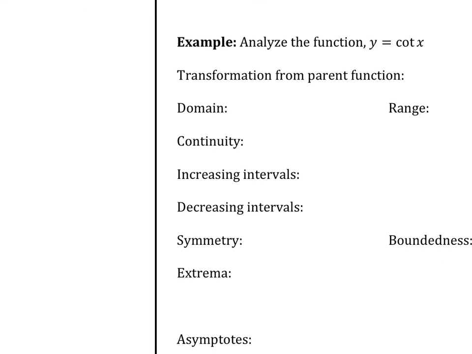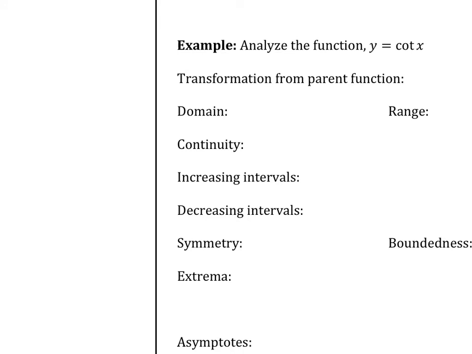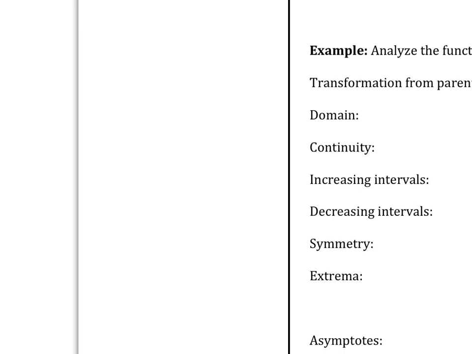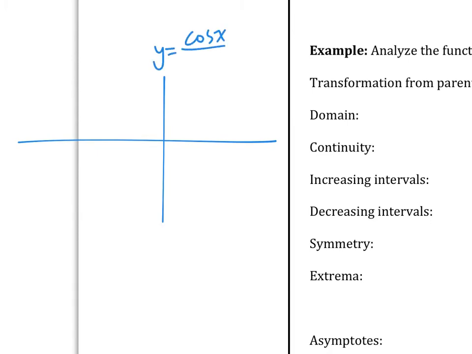Yeah. All right, cotangent. So if you wanted to graph on your graphing calculator, which is not that helpful with your analysis, you can do 1 over tangent. But let's just graph it. So we're going to graph our cotangent graph. That means we're going to start with sine.